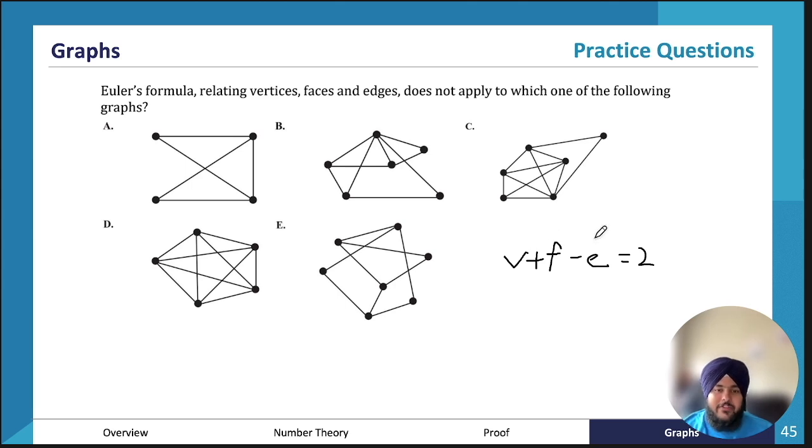So if you have one thing missing, for example, you don't know the number of edges, you can use the number of vertices, faces, and this formula to work out the number of edges. That can work for any one of these. But in this question, we are seeing which one it does not apply to. So basically, we're trying to work out which graph is not planar. Remember, Euler's formula only applies to graphs that are planar.